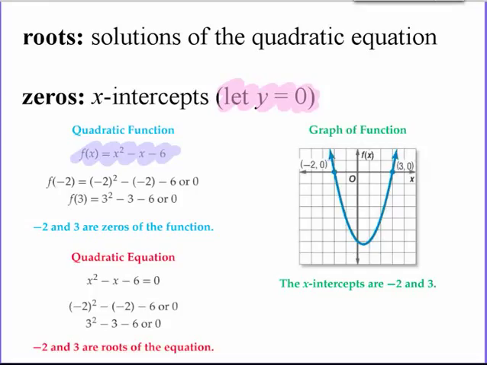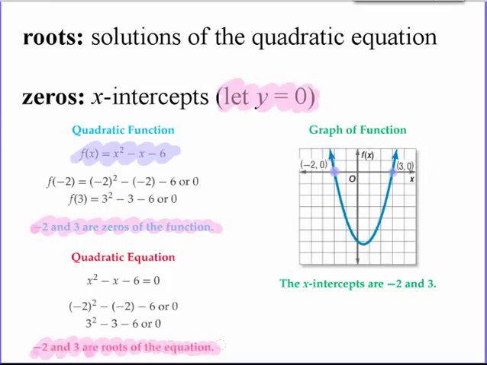If I wanted to find the x-intercepts or the zeros, I could graph that, and notice that I have one x-intercept at -2, one x-intercept at 3. Therefore, the x-intercepts are -2 and 3. Also, -2 and 3 are zeros of the function, and -2 and 3 are roots of the function.